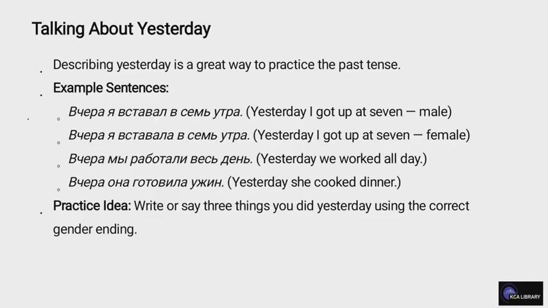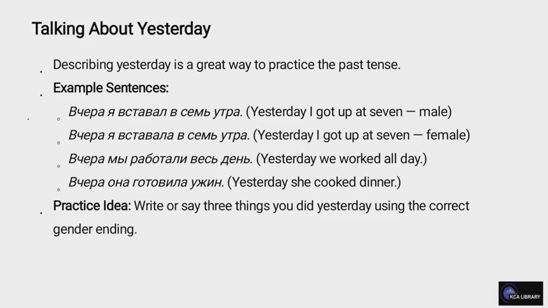Talking about yesterday. Describing yesterday is a great way to practice the past tense. Example sentences. Vchera ya vstaval v sem utra. Yesterday I got up at 7, male. Vchera ya vstavala v sem utra.